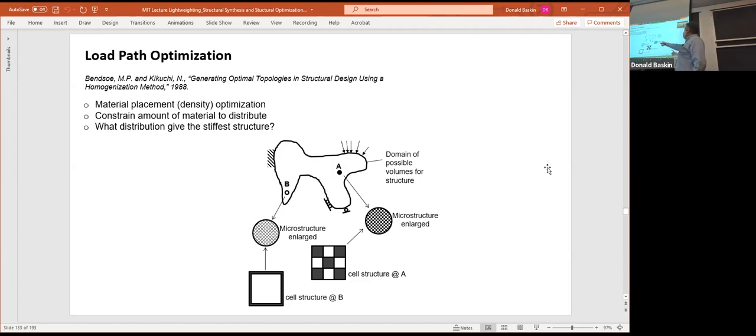Kikuchi and Bendsoe discretized this volume, effectively with finite element analysis. And then they designated a density for each of those elements between 0 and 1. And then they equated the density to a stiffness for that element and a mass for that element.